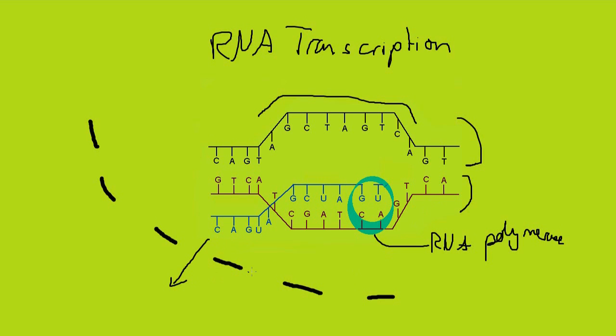Now behind the RNA polymerase molecule, the hydrogen bonds joining the DNA molecule reform, so only a few bases are exposed at any one time. As I mentioned earlier, the base uracil replaces thymine in RNA, which is shown here when U binds to A. This is the stage where this happens.